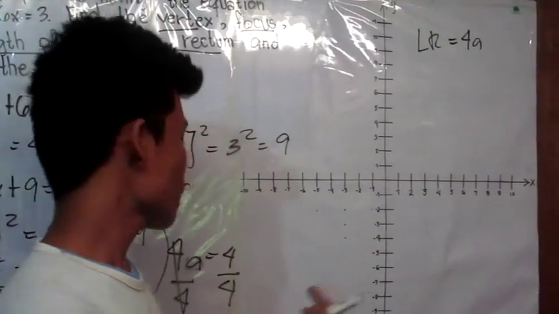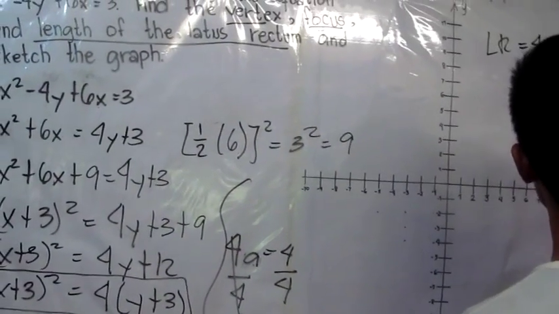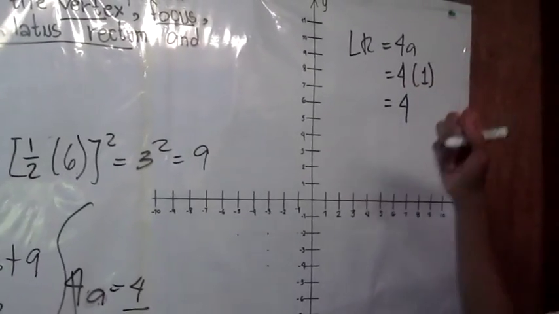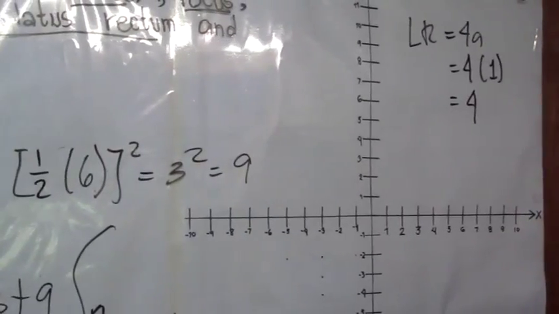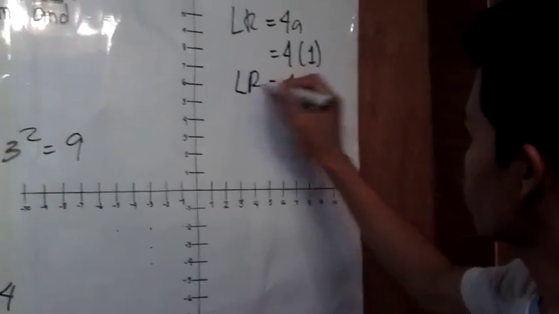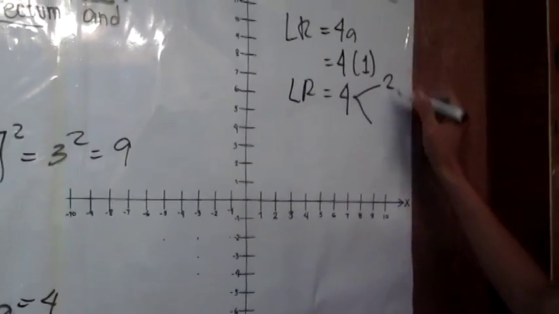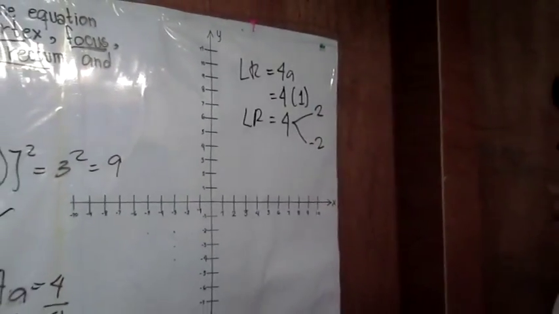So since the value of a is 1, we're going to substitute, and then the answer is 4. So according to the definition, we need to get the 2 branches of the latus rectum, which is 4. So we need to get the 2 branches of it, the positive 2 and negative 2, a total of 4.